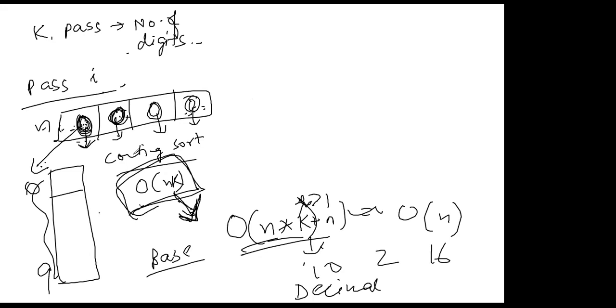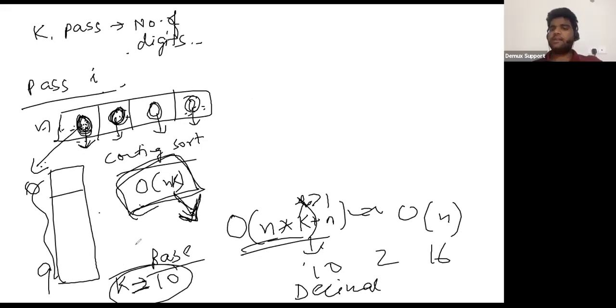Sir, excuse me, I believe what he means to say is that even if it is not in decimal representation, in the initial example which we saw, k was 4, right? So maybe he's pointing out that. Yeah, k is 10, Utsav. Will k be 10, or will k be the number of digits of the largest?